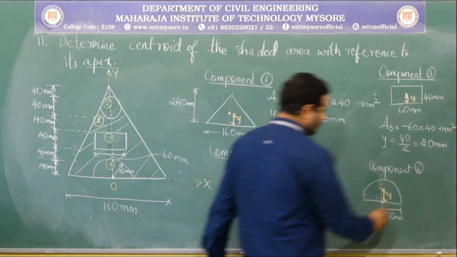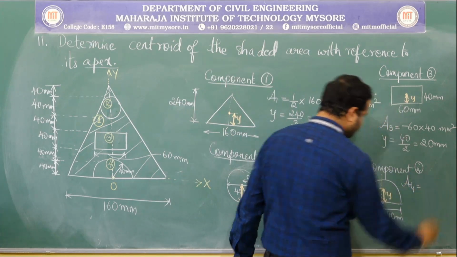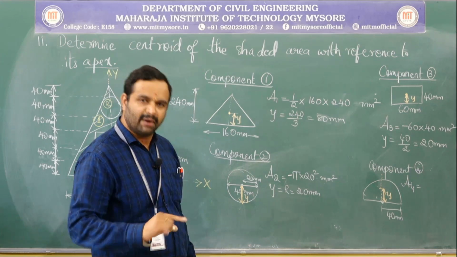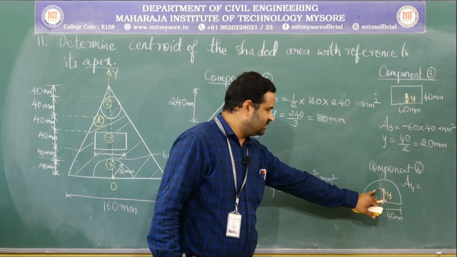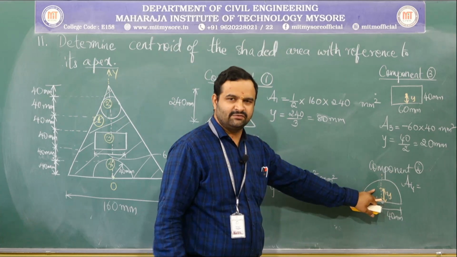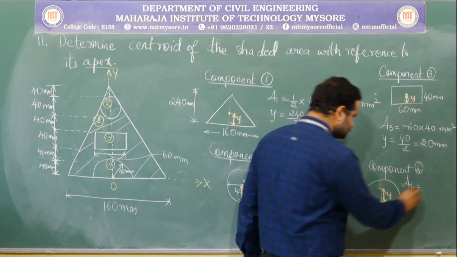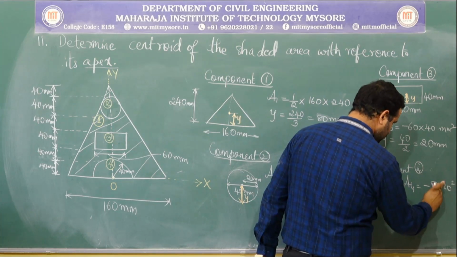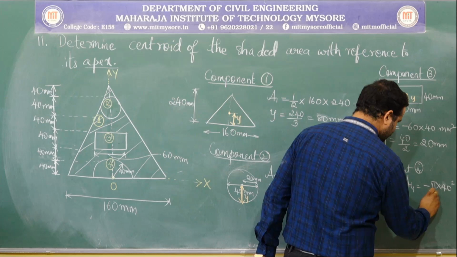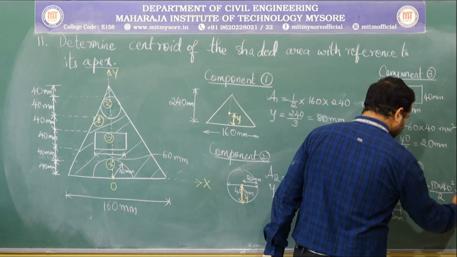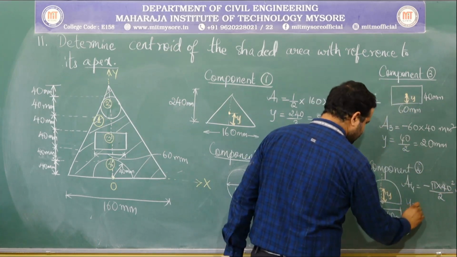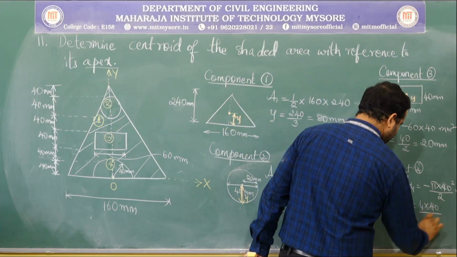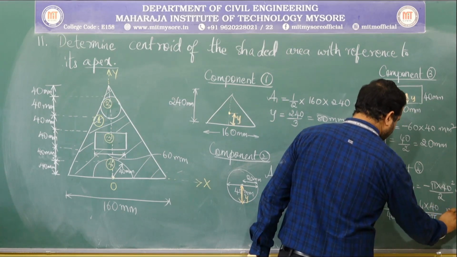So, the area of component 4, since it is a semicircle, will be equal to pi r square by 2, and this part has to be removed, hence we need to write the minus sign. Minus pi into 40 square by 2 mm square, and then its y component is 4 into 40 by 3 pi mm.